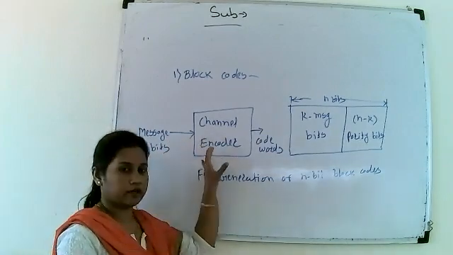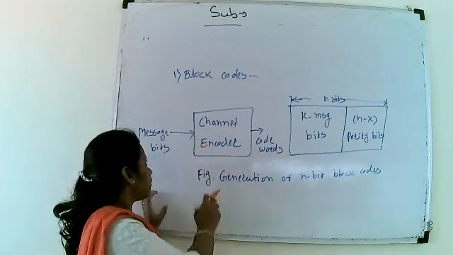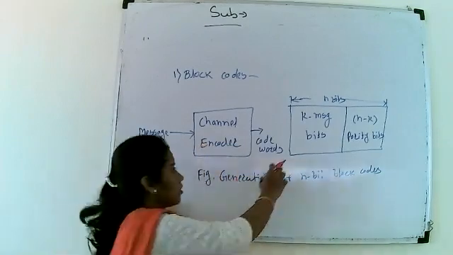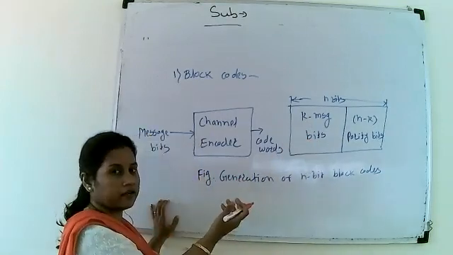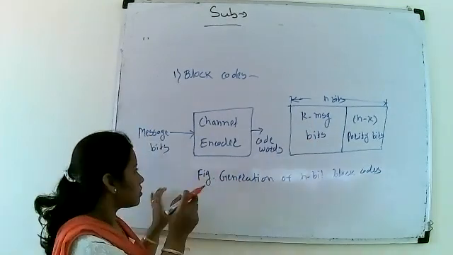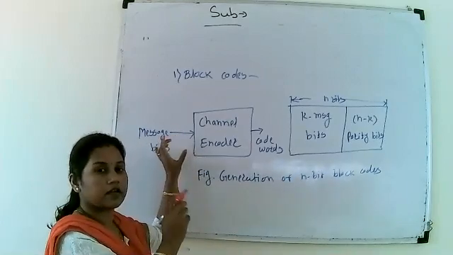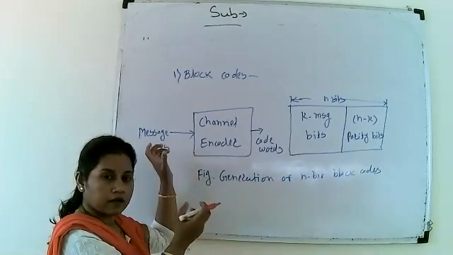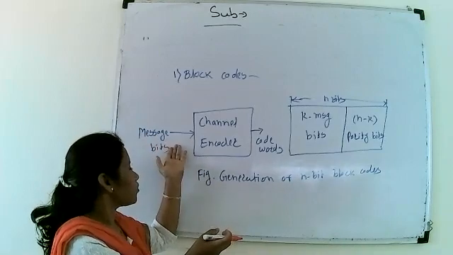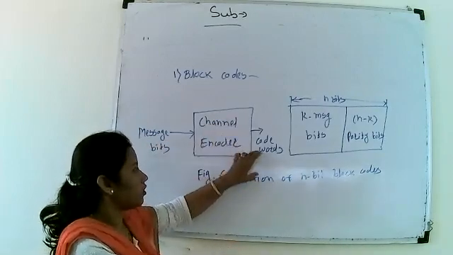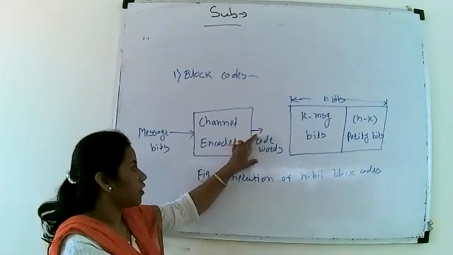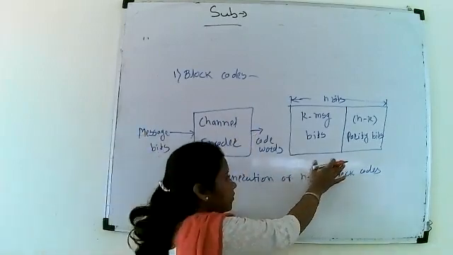The function of the channel encoder is that the given message, which is k message bits, has some parity bits added along with it. That is the encoding of the bits which come from the source, and the channel encoder gives the new code words in this block format.